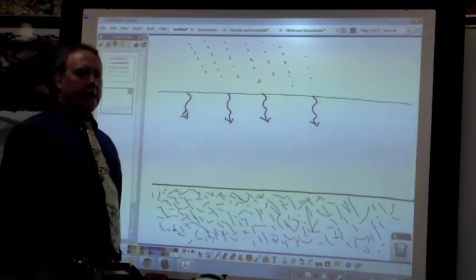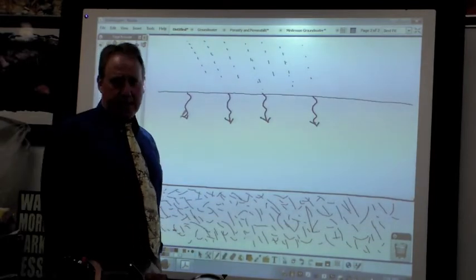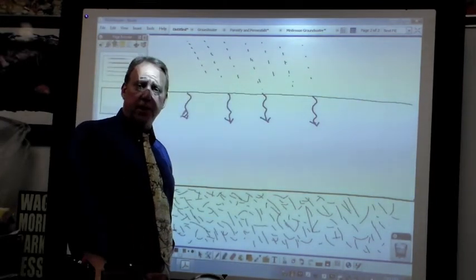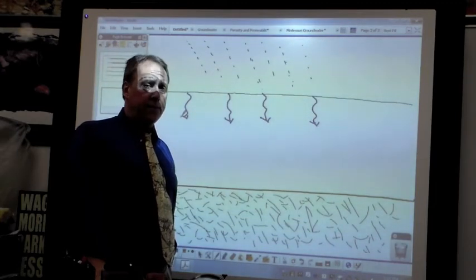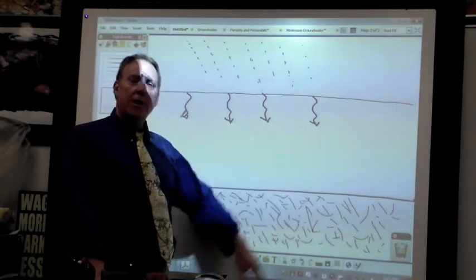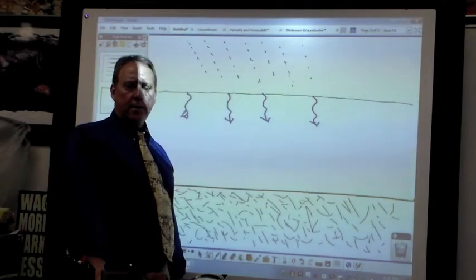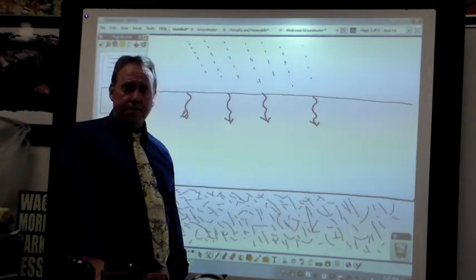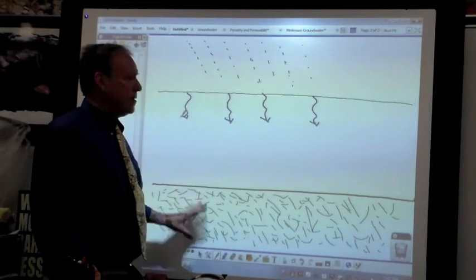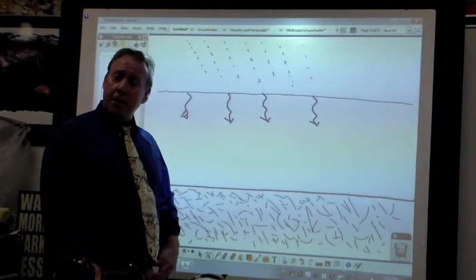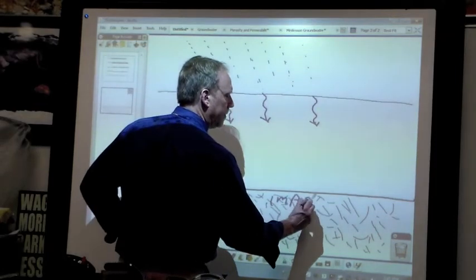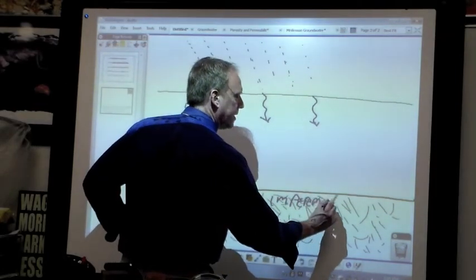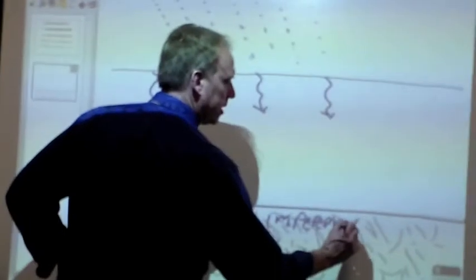Now, if you dig down beneath your feet into the earth, at some point, if you dig down far enough, you are going to encounter a layer of solid rock that will allow you to dig no further. That solid rock is referred to as being impermeable, because it will not generally allow water to pass through.